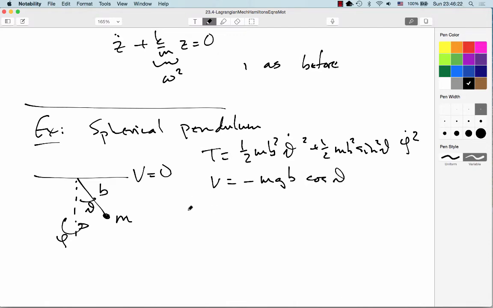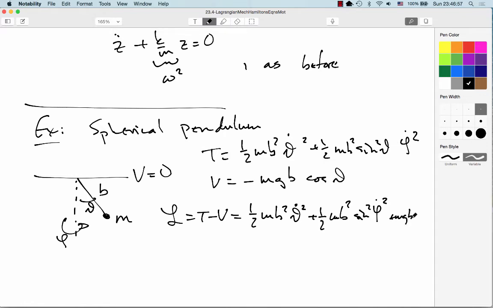So I need to find my generalized momenta. L equals T minus V, so it'll be 1/2 m b squared theta dot squared. So you see, unless you've got it right at your fingertips, you're going to have to figure out the Lagrangian anyway, and you're going to have to play with it. So plus 1/2 m b squared sine squared theta phi dot squared plus m g b cos theta.